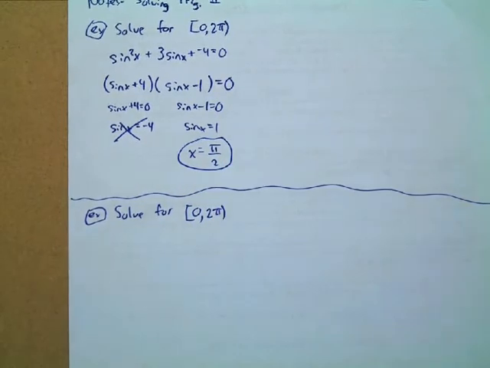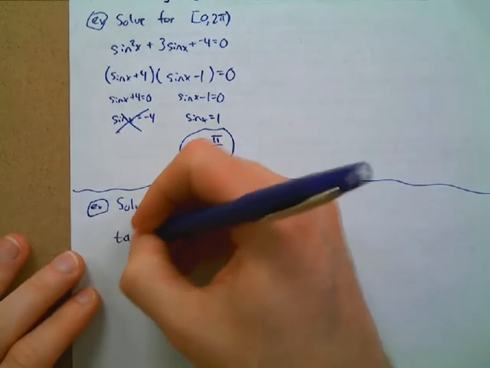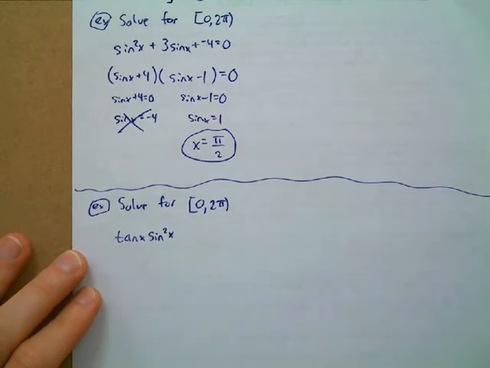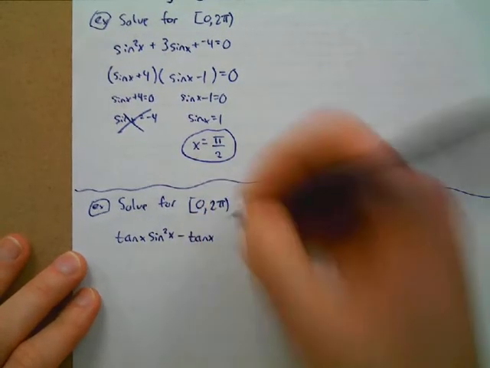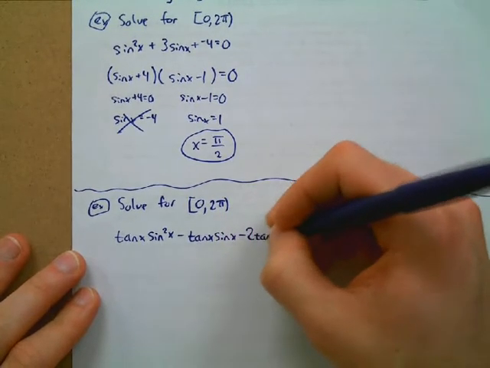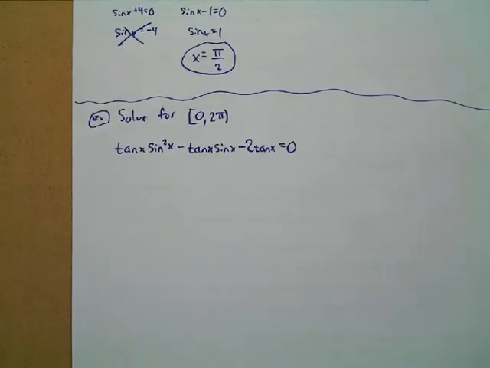Tangent of x times sine squared of x minus tangent x sine x minus 2 tangent x equals 0. So, ideas here. How should we maybe proceed?